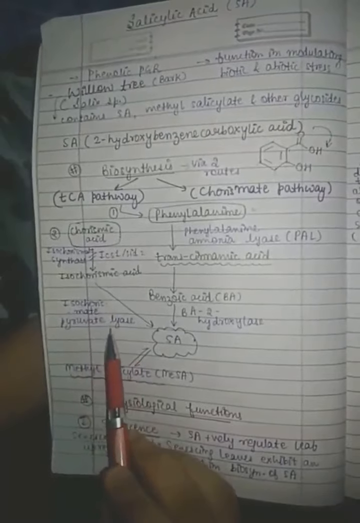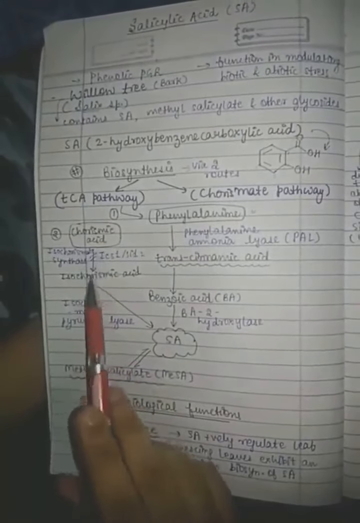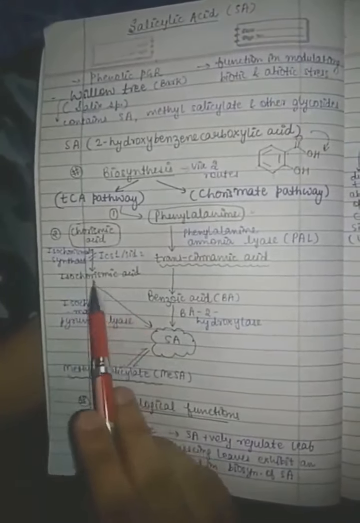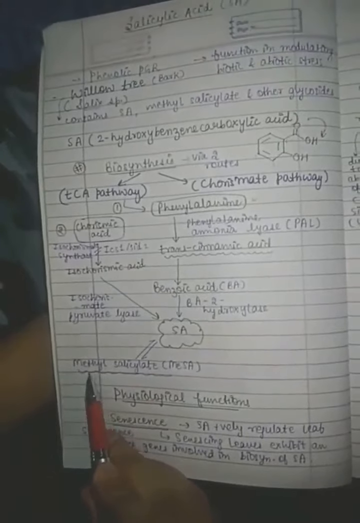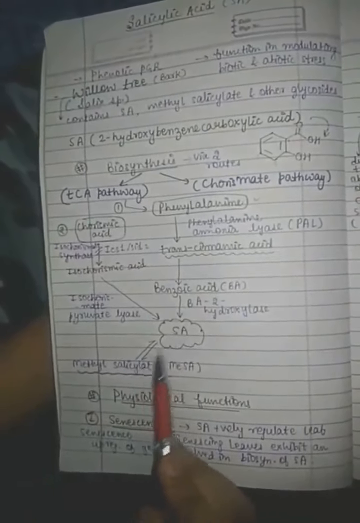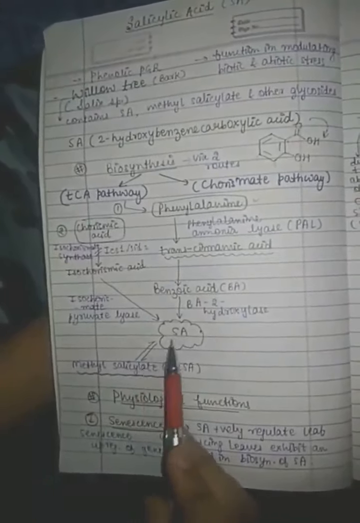So this is a two-step process. First, the chorismic acid is converted into isochorismic acid, and then it is converted into salicylic acid. These two major pathways play an important role in the biosynthesis of salicylic acid. There are also other chemicals, like methyl salicylate, which is interconvertible with salicylic acid.